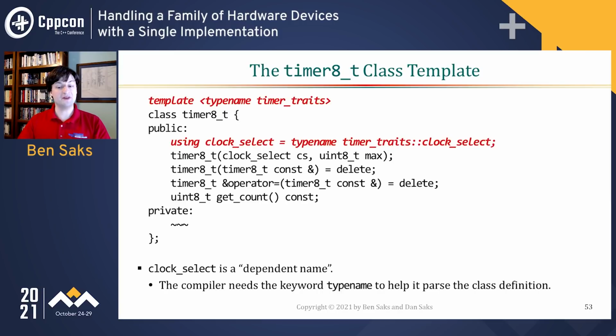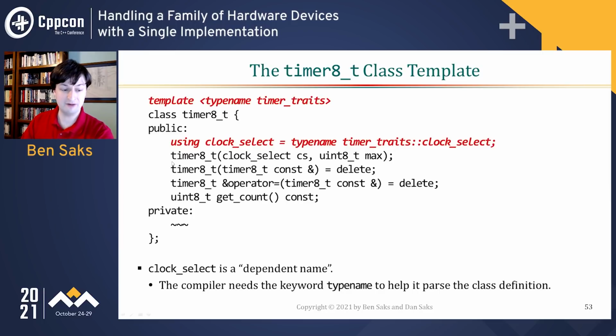And the way that the compiler parses templates and makes sense out of them, to try and give you the most helpful error messages that it can, it wants an additional hint from you, this keyword typename, that lets it know that clock select is going to be the name of a type as opposed to the name of a constant or something else. That will let the compiler know how it's supposed to make sense out of this piece of code.